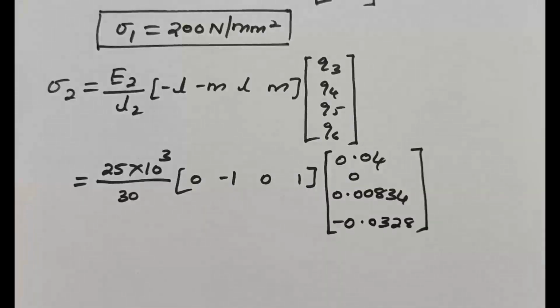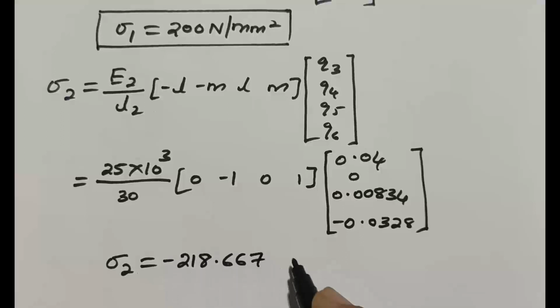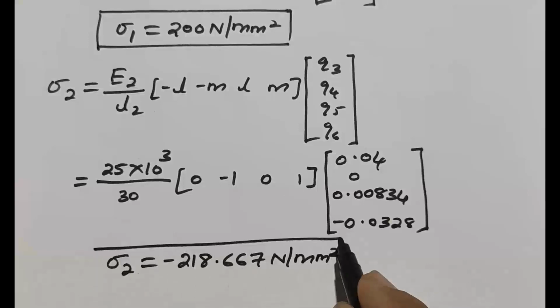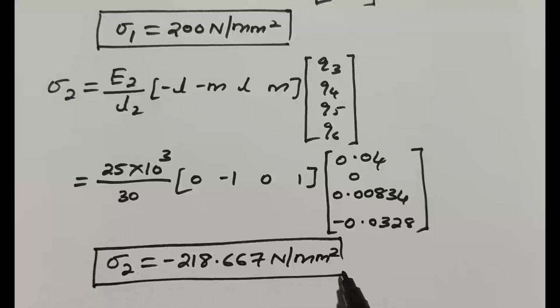If you simplify this, you will get sigma 2 is equal to minus 218.667 Newton per mm square. This is the stress in the second element.